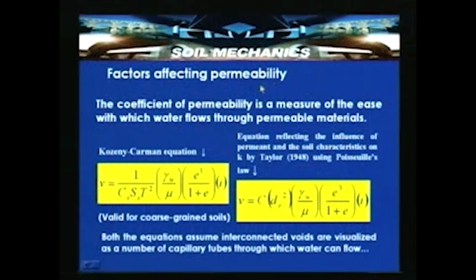coefficient of permeability. These factors affecting the permeability can be understood with the help of two basic equations. They have been postulated by visualizing interconnected voids as a number of capillary tubes through which the water can flow. All these interconnected flow channels are assumed as thin capillary tubes through which the flow is taking place.